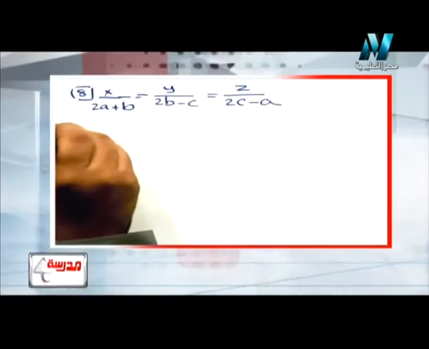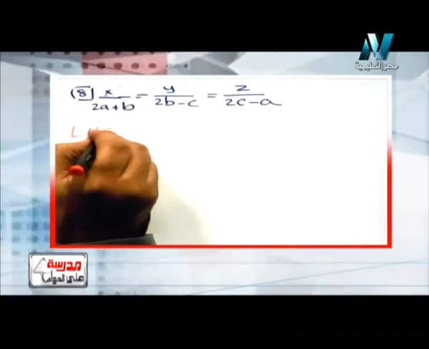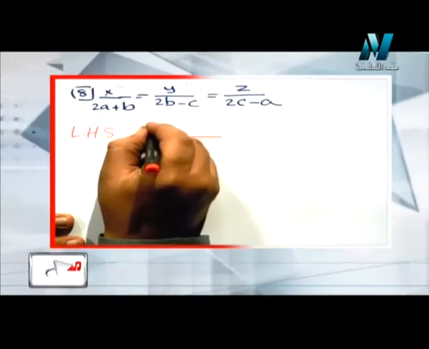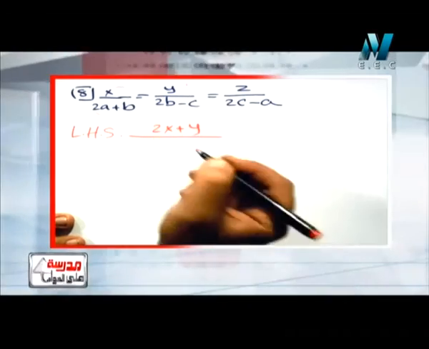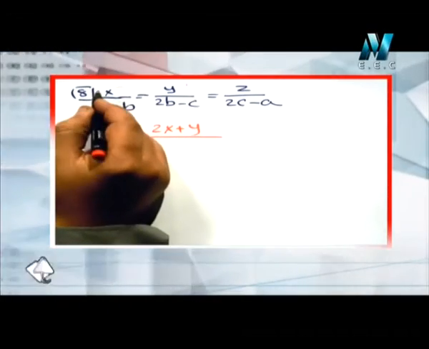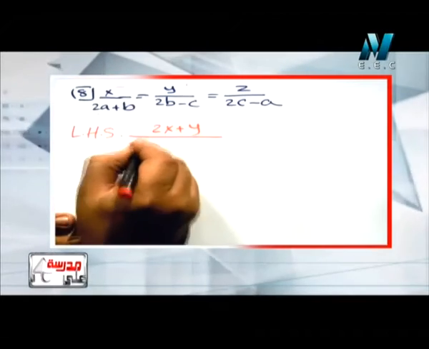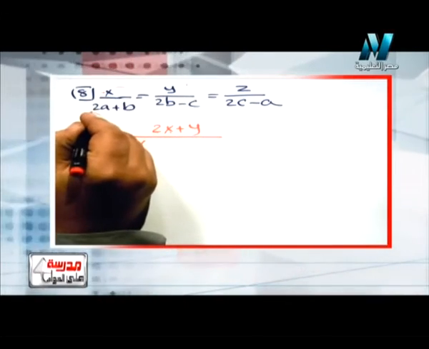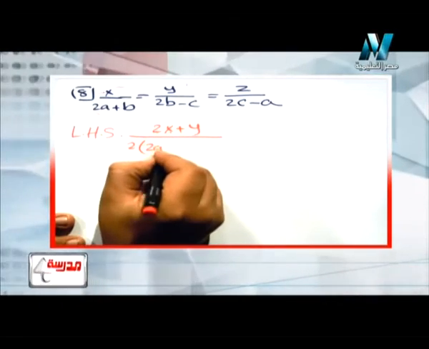So for the left hand side in the proof, as you see, we have in the numerator 2x plus y. So I'm going to use the first ratio and multiply it up and down by 2. As here is 2x, I'm going to multiply down by 2 as well, so this is 2a plus b.